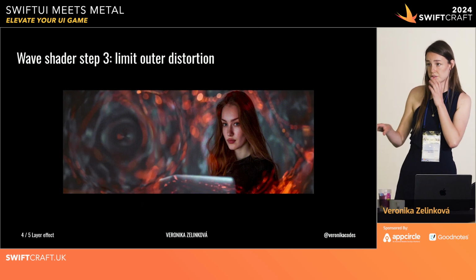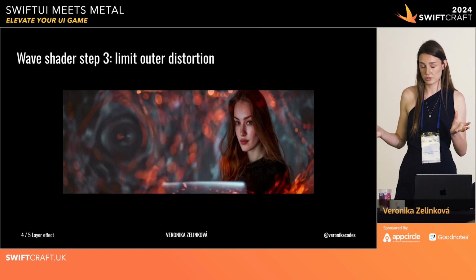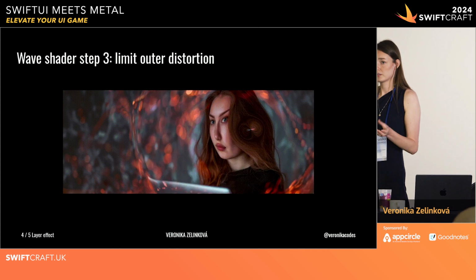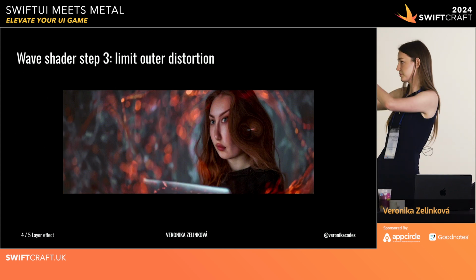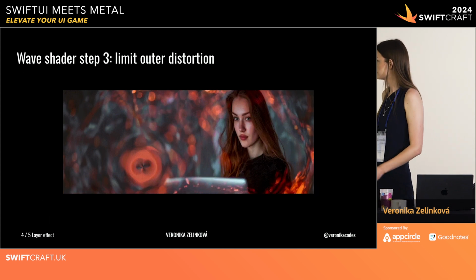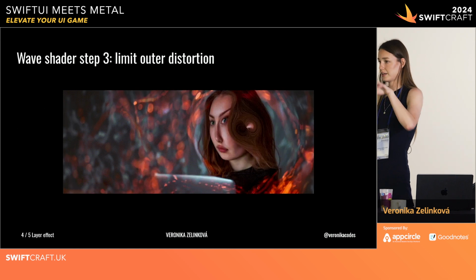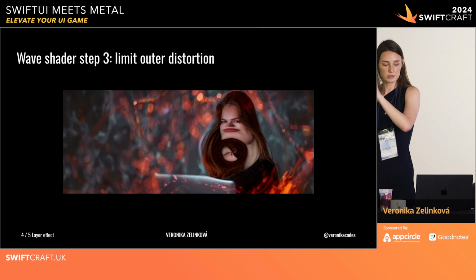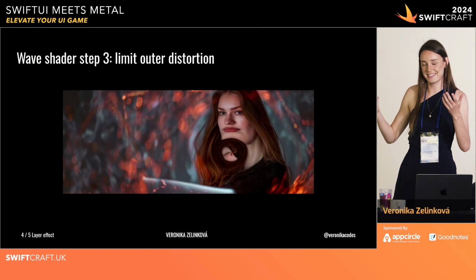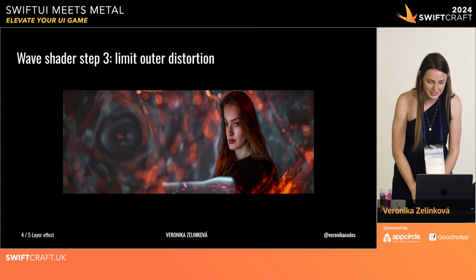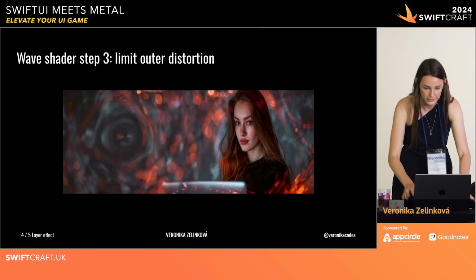But then the distortion was everywhere on the texture, so we have to limit it somehow. If we limit it from the outside and from the inside, and leave just the donut-shaped distortion, and then apply this on the texture, we can get the final animation.